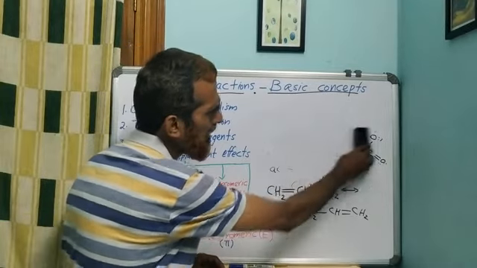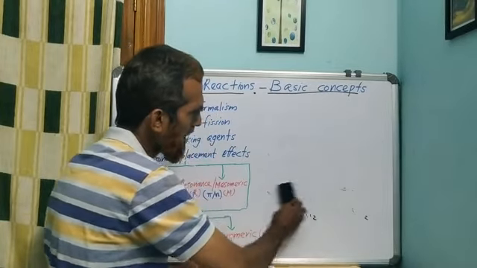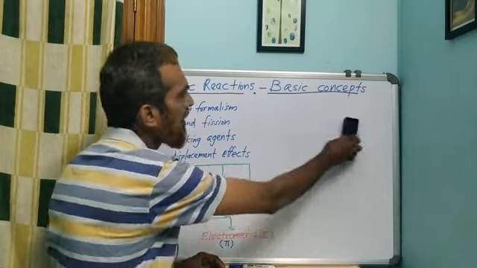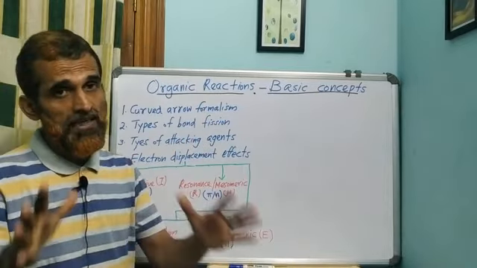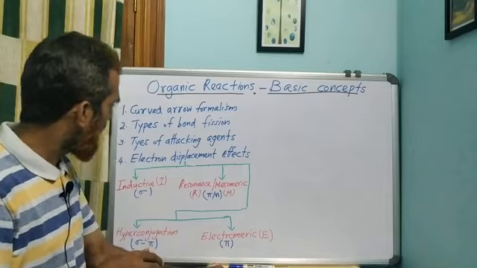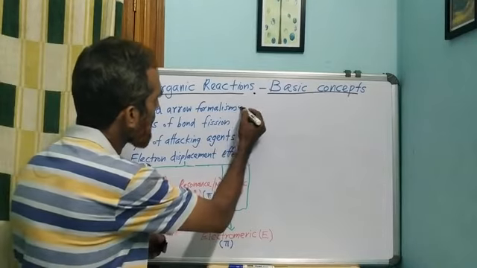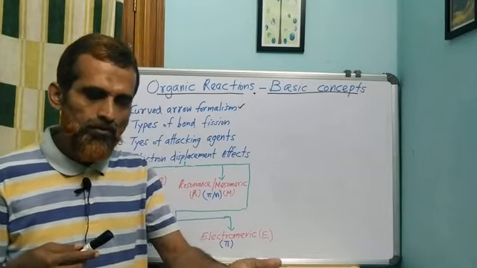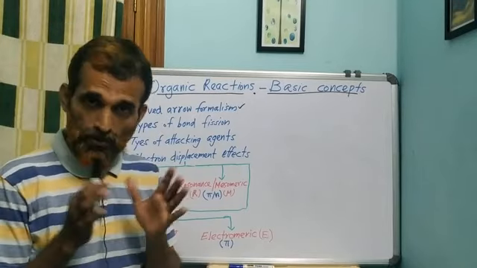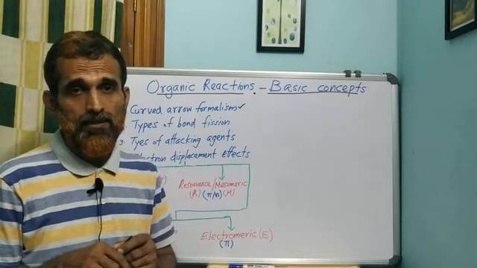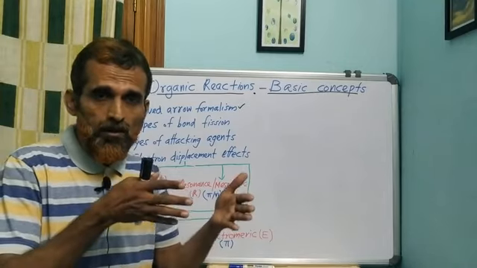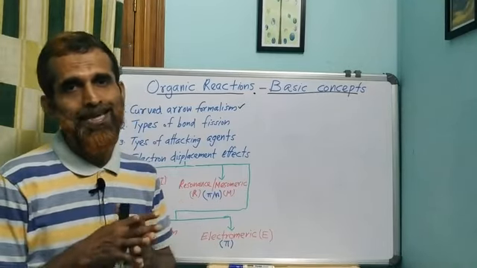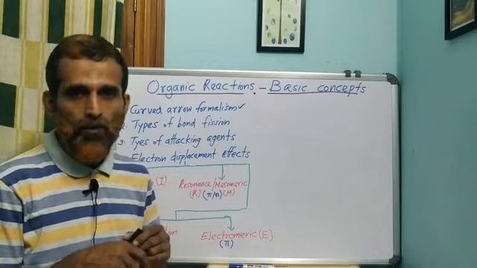We will extensively make use of this practice in this chapter as well as in all other organic chapters which deal with reactions. Fine. Let us now go to the next one, types of bond fission. When you discuss organic reactions, we know that during a reaction, bonds on the part of the reactants break and new bonds are formed on the part of the product.